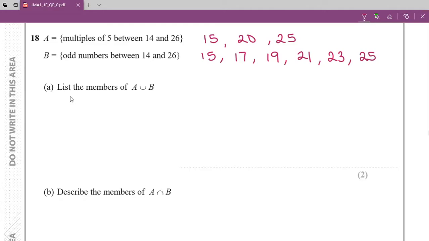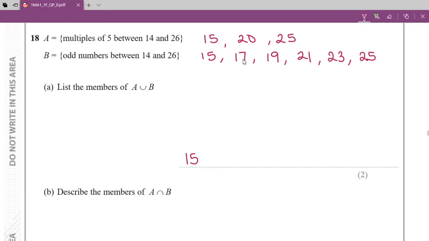Now for the first question here, it says list the members of A union B. Now the union of A and B is a set of elements that are in set A, or set B, or just even both of them. So you can see that we've got 15 here and 15 here, so we have one of them, so write down 15.